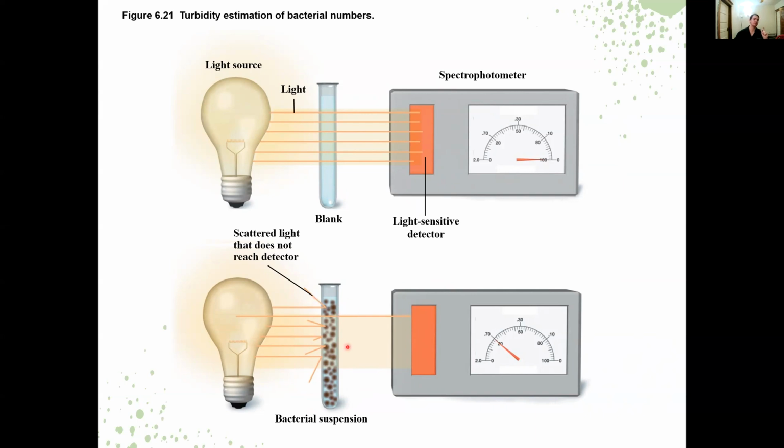So there's an inverse proportionality there, and we can measure that and use it to determine growth. As a final reminder, the less light that reaches your photometer, the more bacteria is in the sample. It's an inverse proportionality.